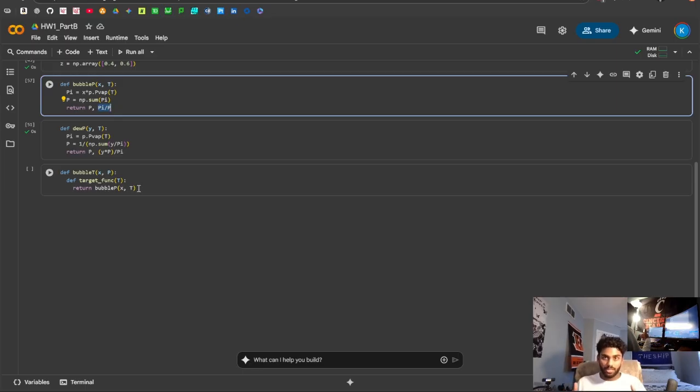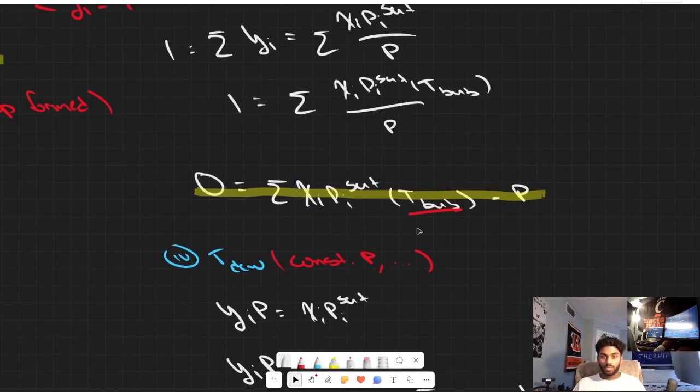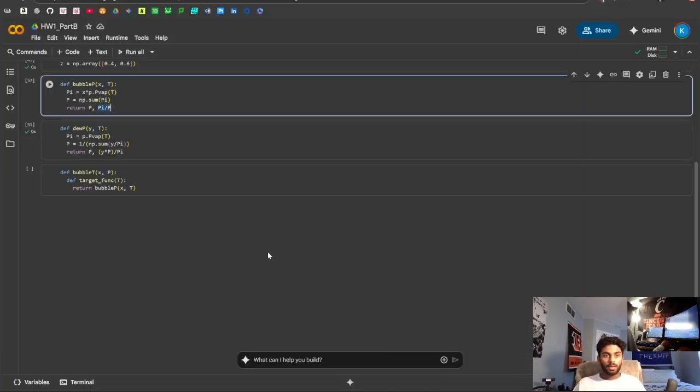We want to set the pressures equal to each other as we did here. So this is our pressure at the bubble temperature, which would end up being our bubble pressure, and this is the target pressure, which is the pressure of our system that we're holding constant. So we don't want the mole fractions, we just want to have this target pressure.